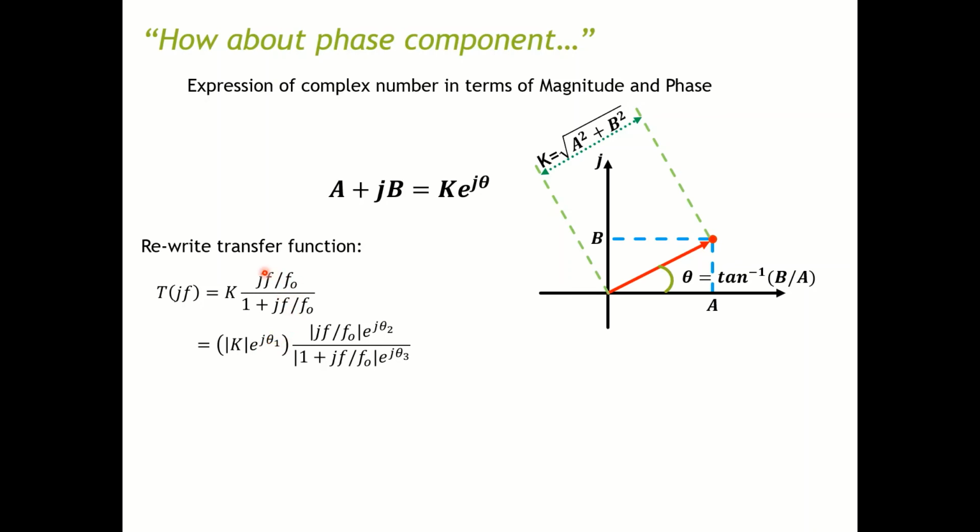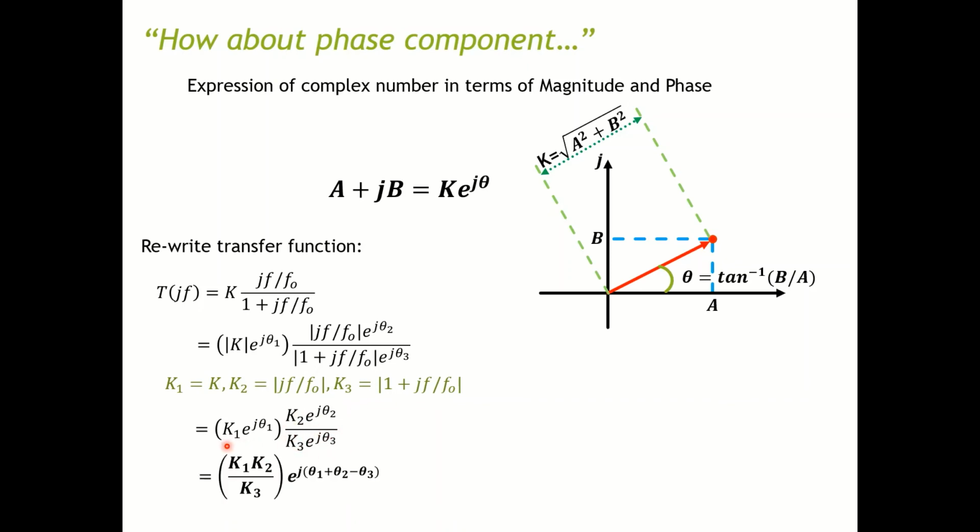You do the same thing with the numerator and the denominator. You take out the magnitude of the numerator, multiply by e to the j theta 2, which is the phase of the second term. Likewise, do that for the denominator, and you have the phase of the third term. If I call this k1, this whole thing k2, and this k3, then I can write this whole thing as one complex number multiplied by another complex number divided by another complex number.